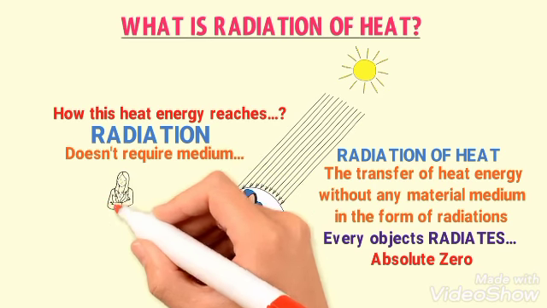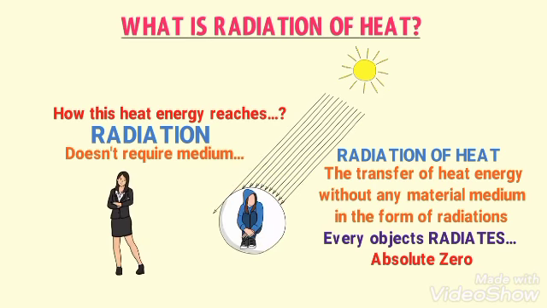For example, you and I and everything around us radiates some sort of heat energy. Secondly, the higher the temperature of an object, the higher would be the rate of radiation of heat energy. So a hot object radiates more energy than a cold object. At last, let me give you one bonus point.